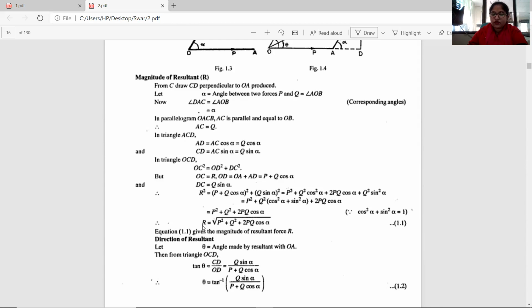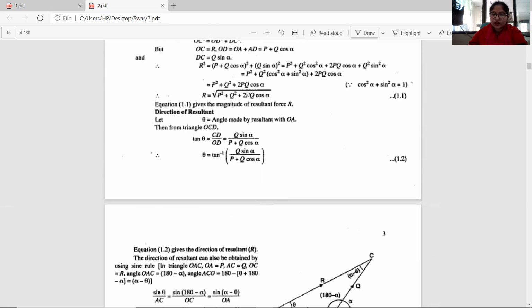To find the R value, we remove the square by taking the square root of this side. So R equals the square root of P square plus Q square plus 2PQ cos alpha, which is the magnitude of the resultant force, the formula of the resultant force.